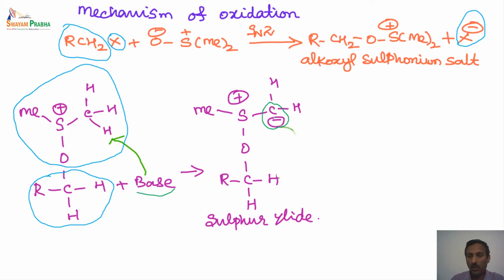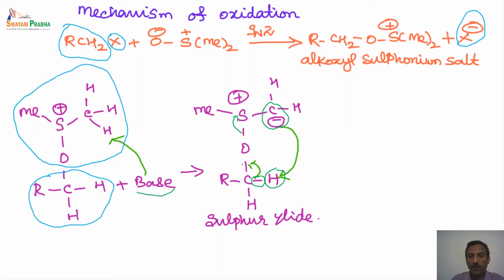So this anion now abstracts a proton internally from the CH2 unit of this part of the molecule, and when this abstracts a proton, the bonded electrons are now shifted to the carbon oxygen bond. Once this happens, this particular SO bond is broken because the sulfur is having a plus charge, so the electrons are shifted to the sulfur, and this is how the electron movement happens.